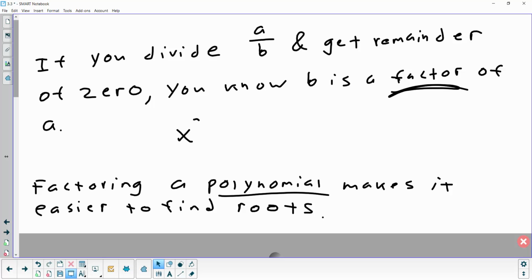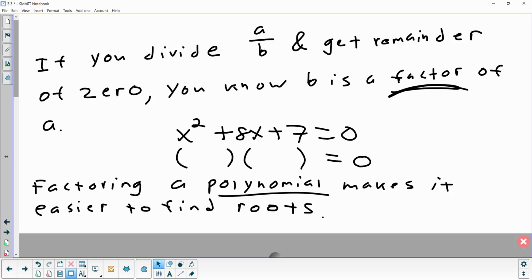If I gave you a problem like this, and I said, tell me the roots, you have 3 seconds. Nobody? Maybe that's because it's not that easy to do that problem in 3 seconds. But if I put up this version, which is the same problem, just written factored, hopefully you could look at that and say, oh, the roots are -1 and -7, done.